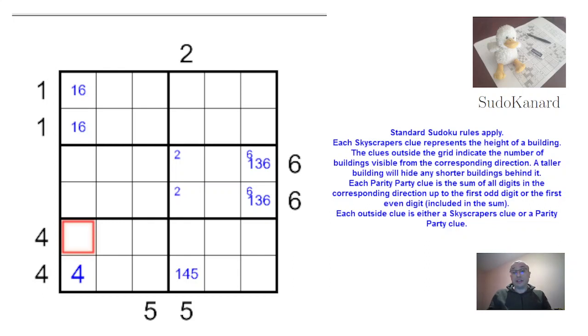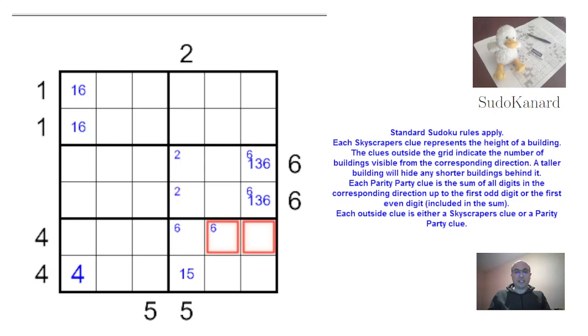And it will be exactly the same logic as previously, but first let's remove 4 from here. So what happens? So this is a skyscraper clue, so we know there must be a 6 somewhere here. We saw that 5 can't be here, that 5 can't be here, because of the skyscraper clue.